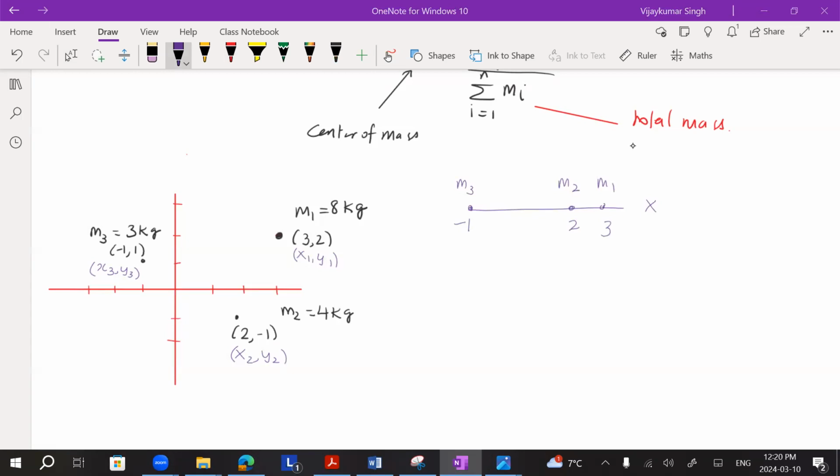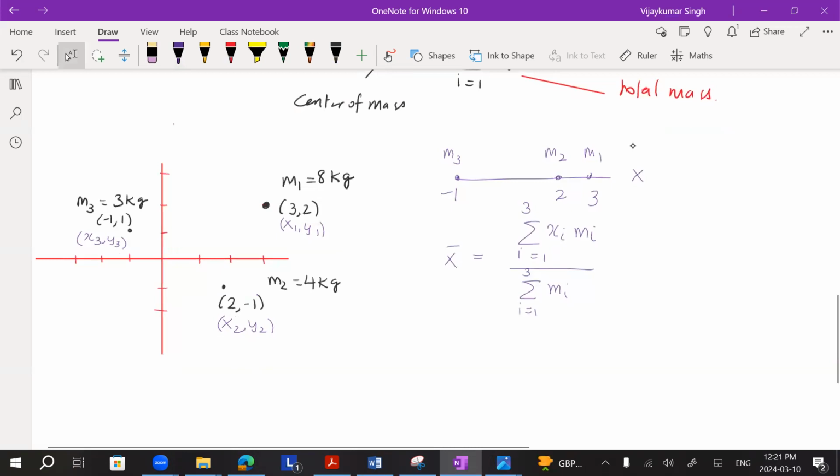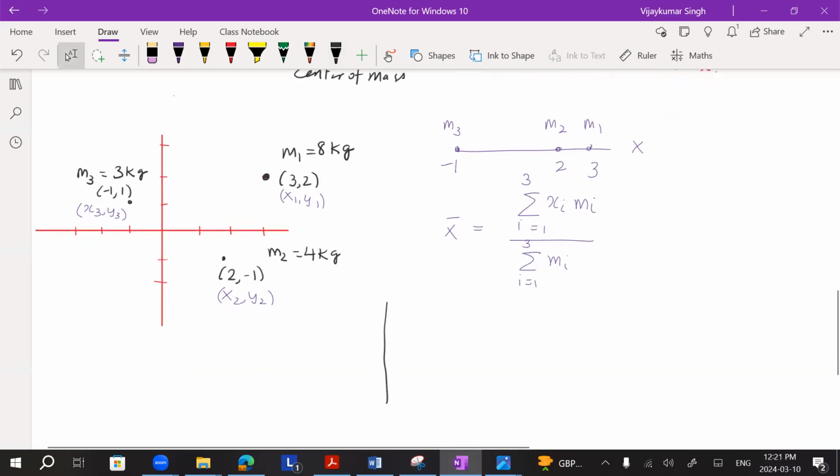In that case, we have x bar is the summation, i going from 1 to 3, of xi mi over the summation of mi, i going from 1 to 3. Similarly, the same scenario for y as well.